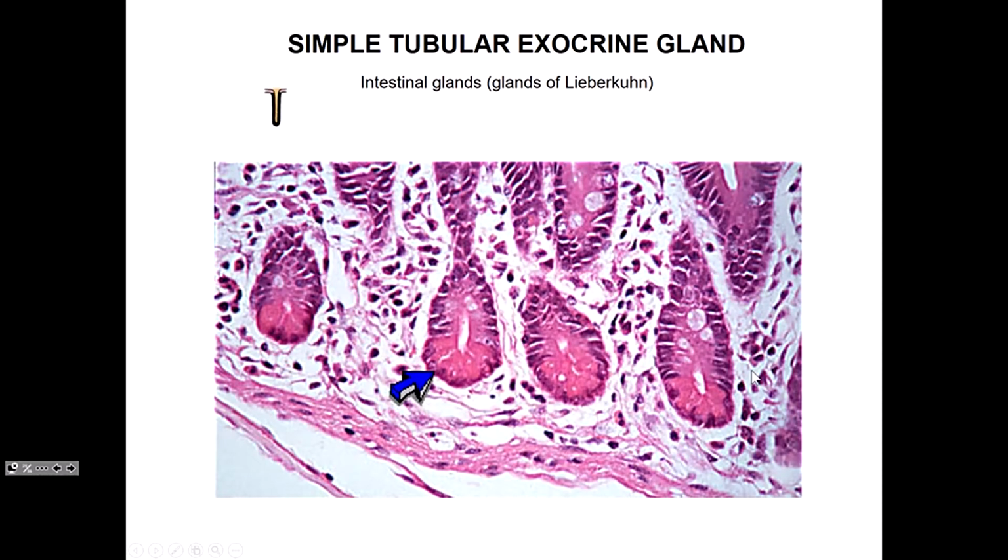Okay, classification of glands. Here's the duct, here's the gland. The duct is not branched, so that means right away we say it is a simple gland. Even though it's not that obvious in this particular H&E section, the glandular portion is a tube.